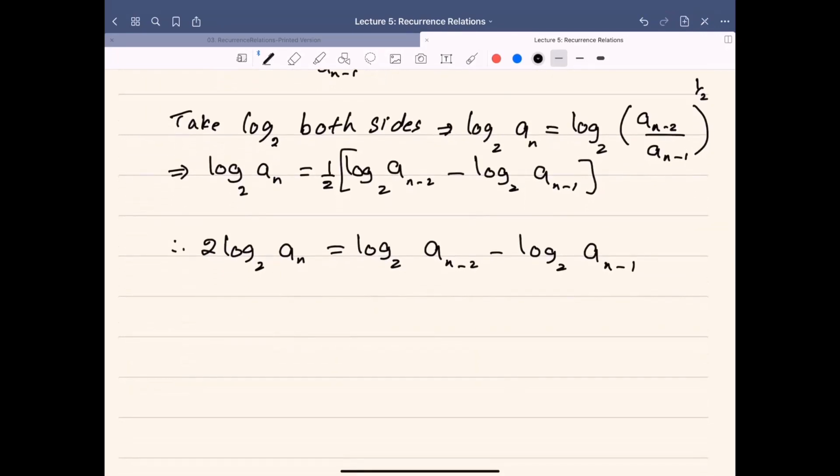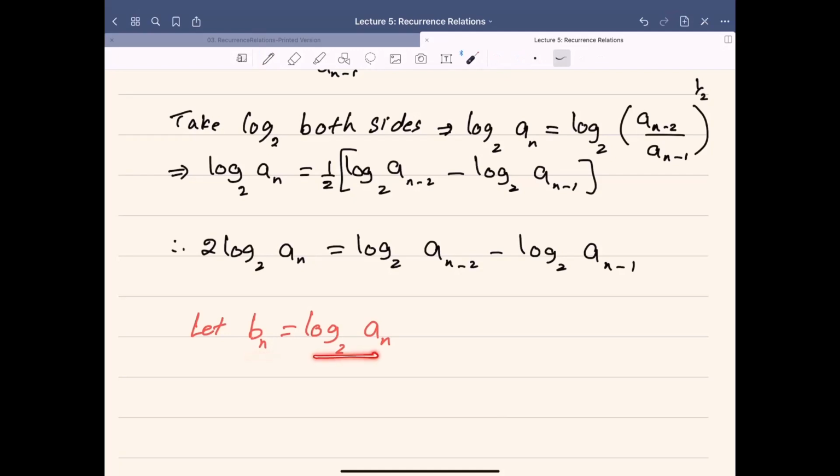Now we have 3 terms in this equation. This is the first term, this is the second term, and this is the third term. In all of these terms, we have log 2. So maybe we can think about the following transformation. Let b_n be equal to log 2 of a_n. So now ask yourself, what is b_{n-1}?